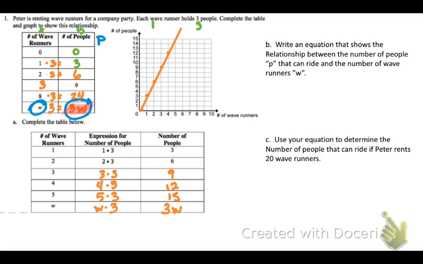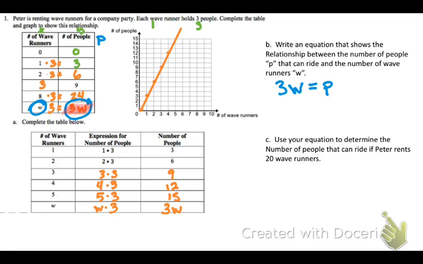And we set it equal to our P. So we found that the pattern is timesing our X value, and this our wave runner value, which is W, by 3 will give us how many people can go on it. And so that's all it's asking you to do. 3W equals P.